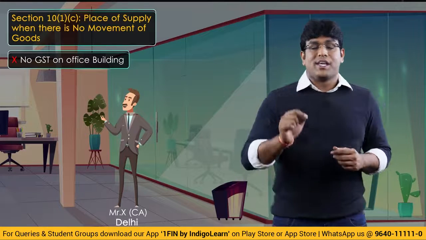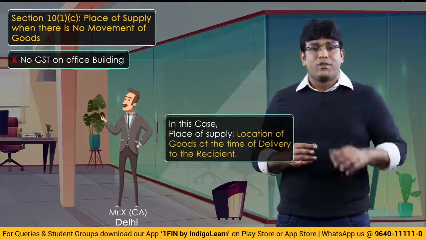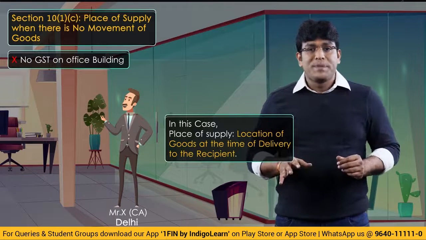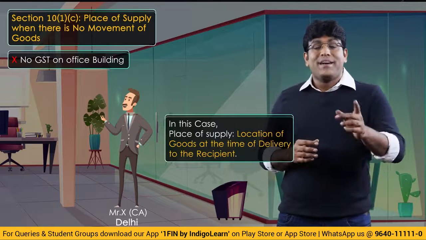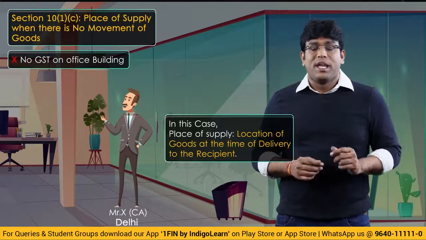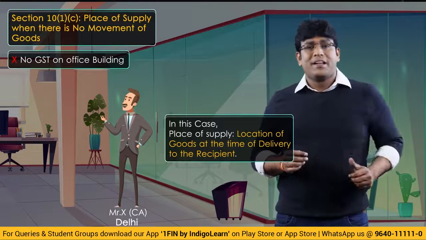Wherein, my dear friends, section 10(1)(c) has specified that in case where there is no movement of goods, place of supply will be location of goods at the time of delivery to the recipient. I repeat one more time. Place of supply will be location of goods at the time of delivery to the recipient. That means what?